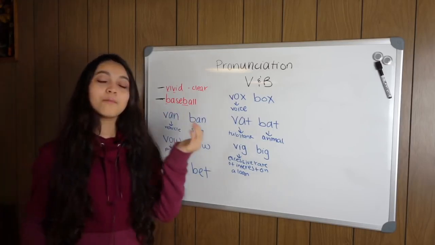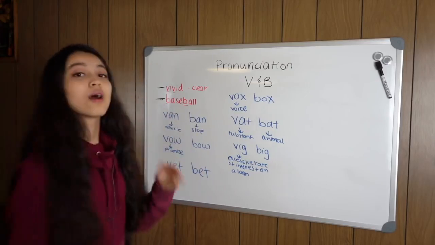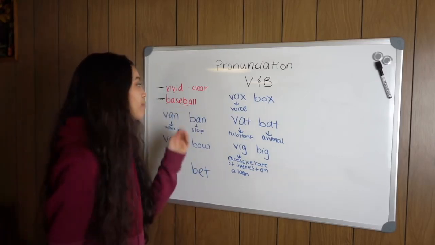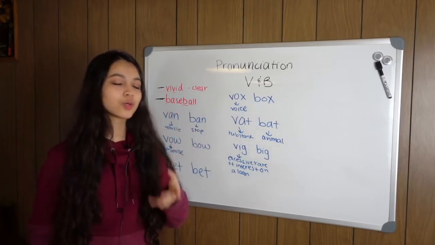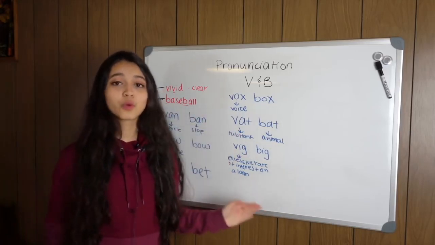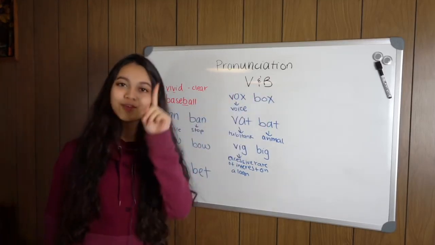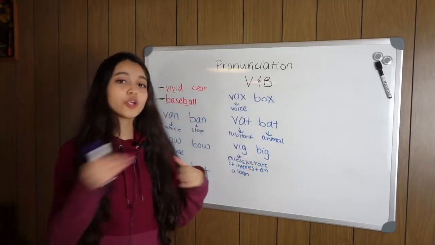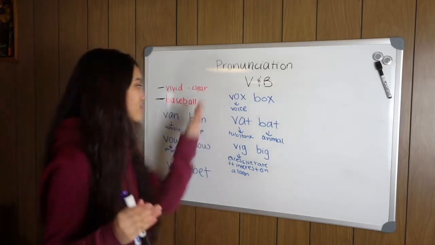If you know baseball, which I'm sure all of you guys know, then you will know vivid. If you remember these two words and what your lips do when you pronounce those two words, you will be in tip-top shape for your pronunciation game for the V's and B's, and people will definitely be impressed if you are new to the English language, because new speakers especially make these common mistakes.